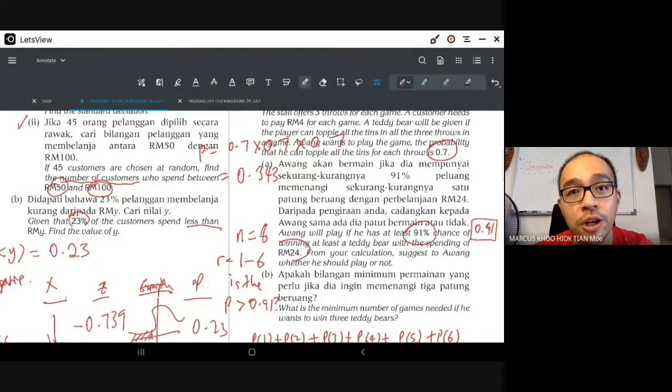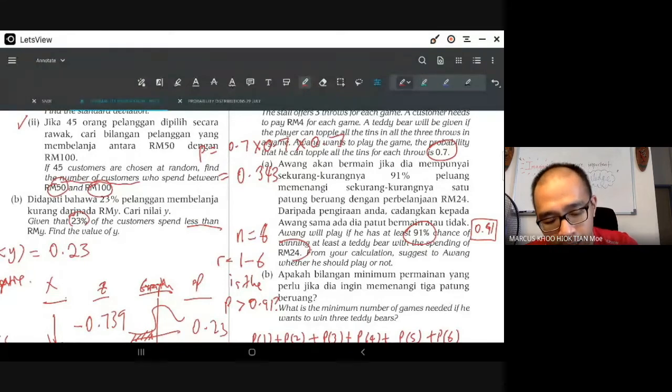It's your job to read the question, understand what it is and then translate it. Reading the question, understanding it and interpreting it into mathematical sentences has nothing to do with mathematical skills. It is a life skill. Understanding a question is a life skill. That one no need brains also. People can do it. You just need to train yourself to be able to do it.